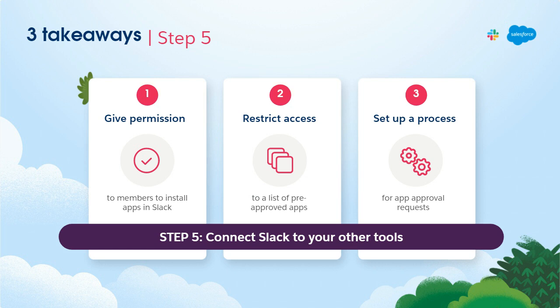So when you're thinking of administrative burden and not having to approve every single app that wants to be installed, think of the apps that you'll let anybody use and get that pre-approved list going. And then for apps that aren't pre-approved, you do have the ability to define a process internally for approving app requests. All three will help your team maximize the power of Slack integrations and really your tech stack in general.